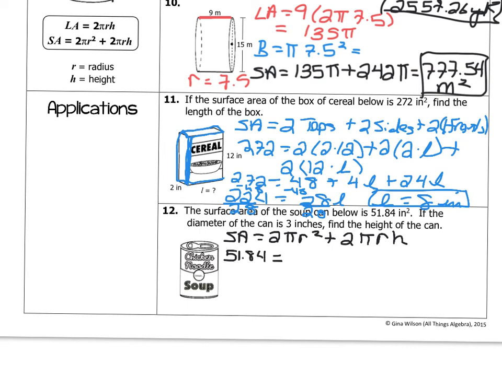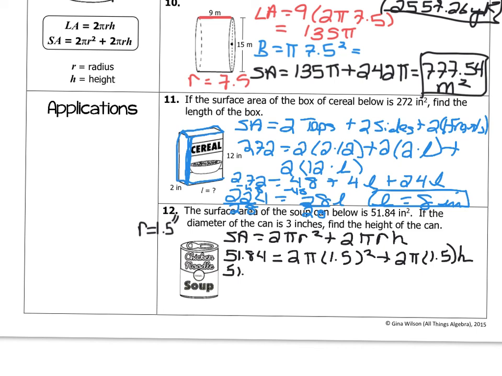If the diameter of the can is 3 inches, that means our radius is going to be 1.5 inches. So 2 pi 1.5 squared plus 2 pi 1.5 times h. So that's what we're going to be looking for here, we're going to be solving for h.